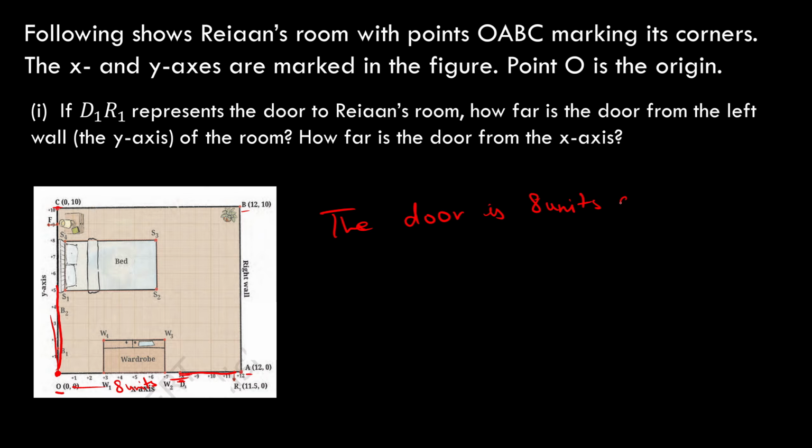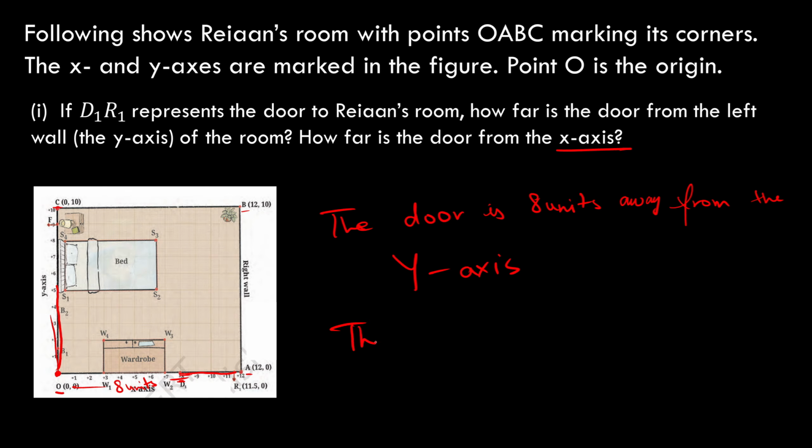So the door is 8 units away from the y-axis. Now moving on to the x-axis. You can see that it directly lies on the x-axis, so this is 0 units away.